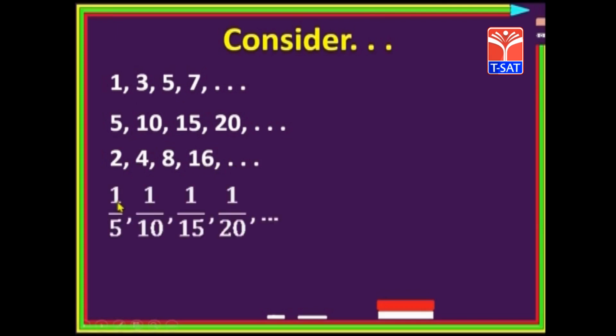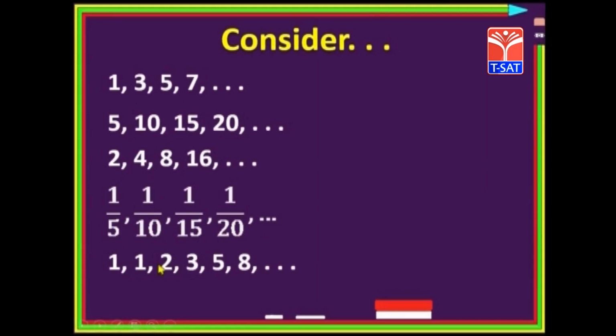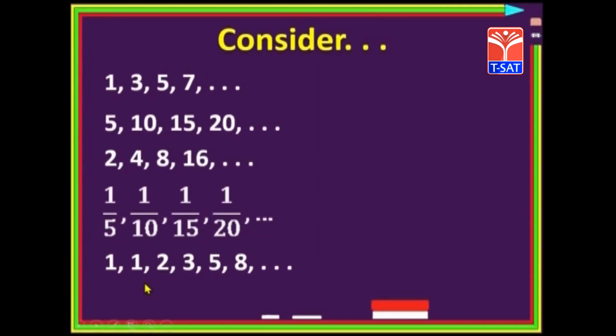Like that we will get. These are the terms 1 by 5, 1 by 10, 1 by 15, 1 by 20. These are obtained by reciprocals of the second sequence. In the second sequence we have 5, 10, 15, 20, which are multiples of 5. The reciprocals of those terms are 1 by 5, 1 by 10, 1 by 15, 1 by 20, and so on. And this is a beautiful sequence which is called the Fibonacci sequence.